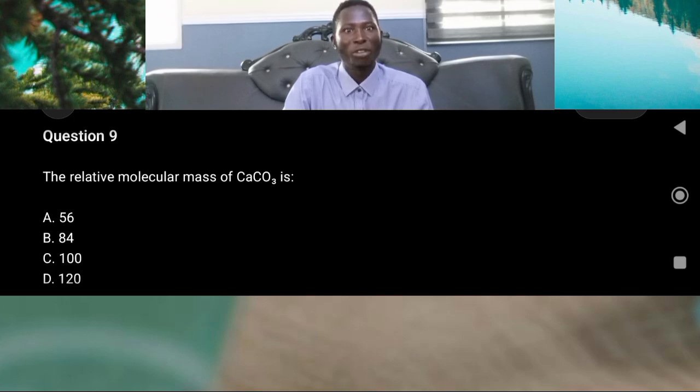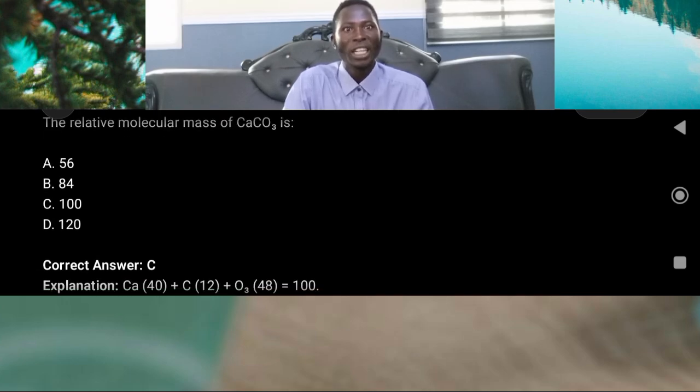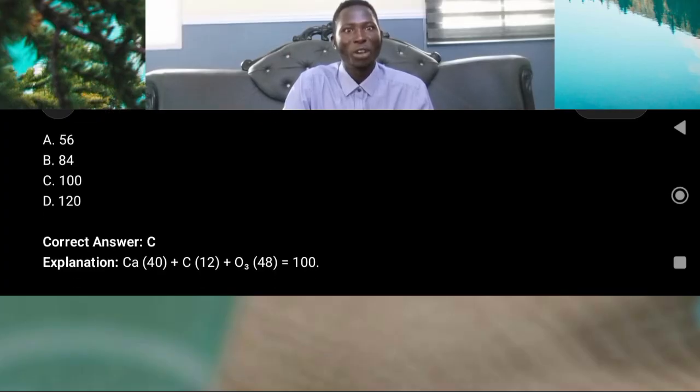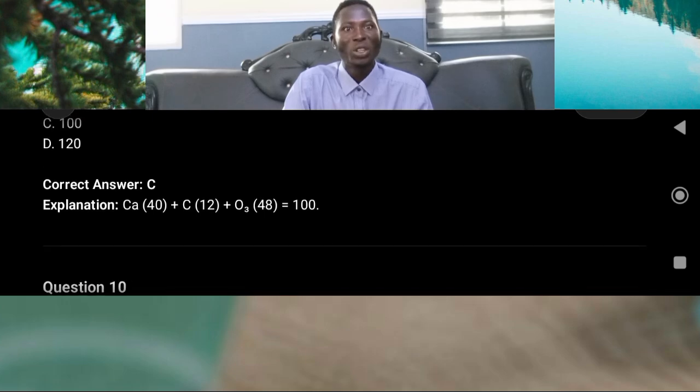The correct answer is C. We have the mass number of calcium is 40, plus carbon, the mass number is 12, plus oxygen, the mass number of oxygen is 16. When you multiply 16 times 3 it will give you 48. So when you sum everything together it will give you 100. So C is our correct answer.